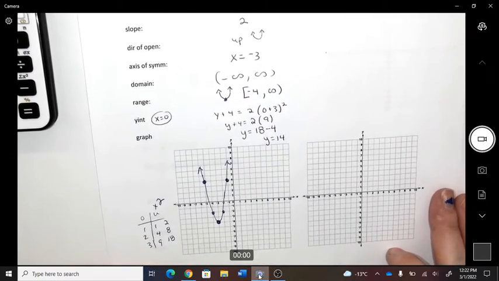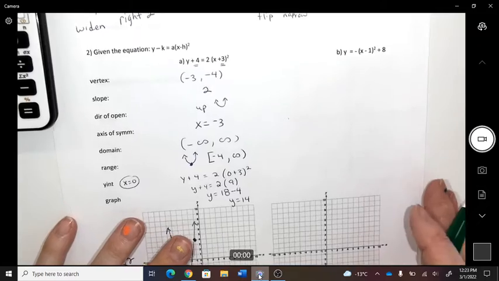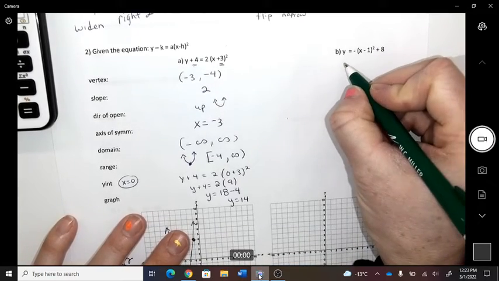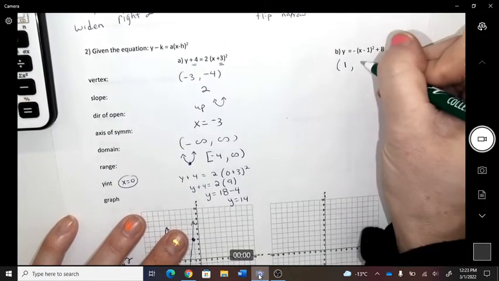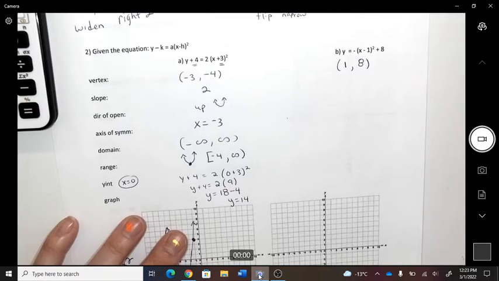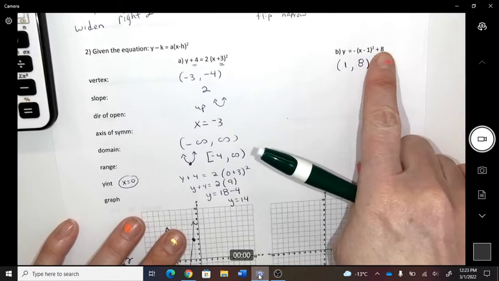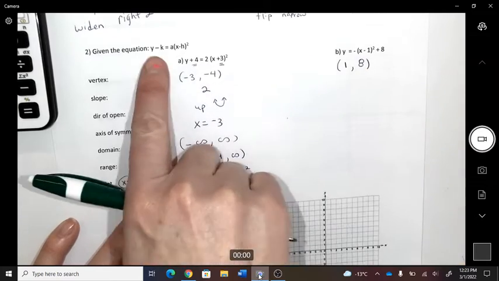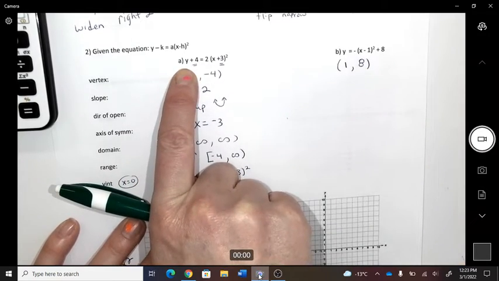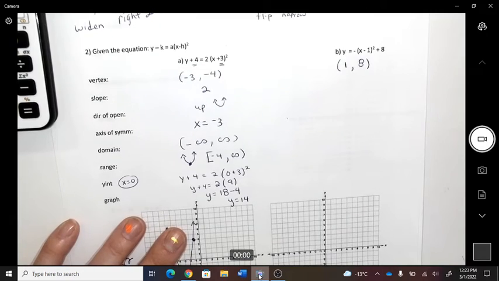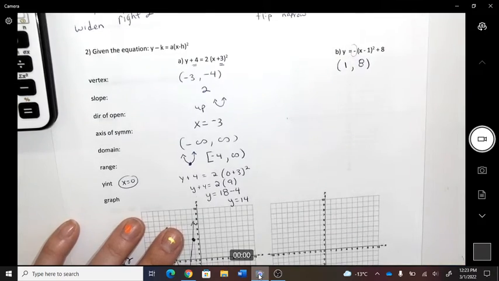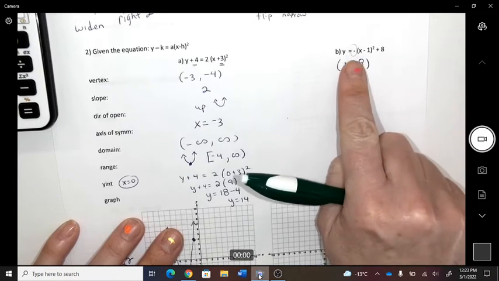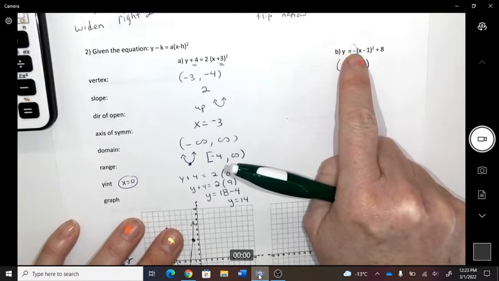Okay, B. The vertex is +1, +8. Okay, when it was on the end there, I leave it the same. If it's on this side, that's when I switch it. Slope is, what's the in front number? -1 would be the slope, because there's really a -1 in front of that.